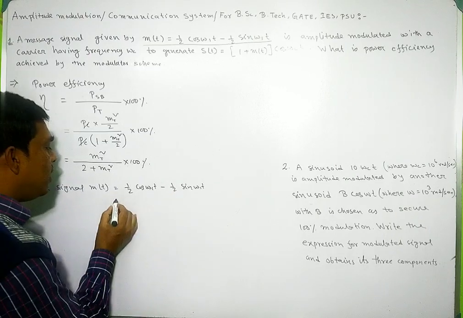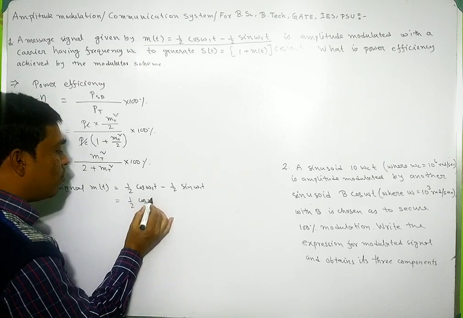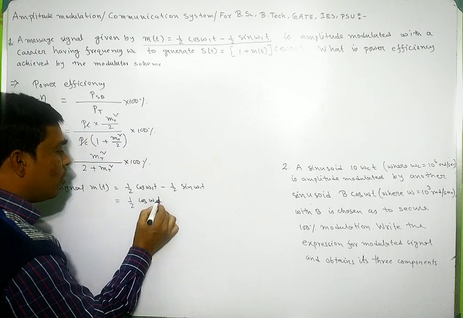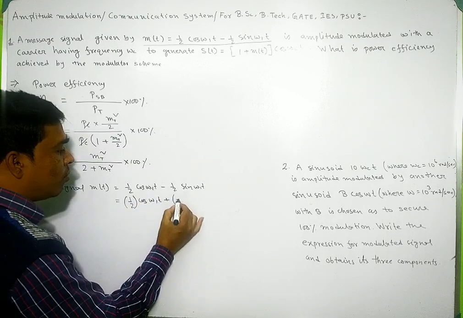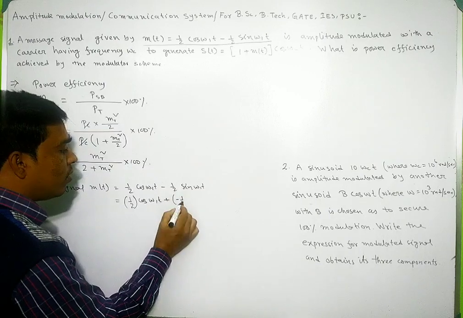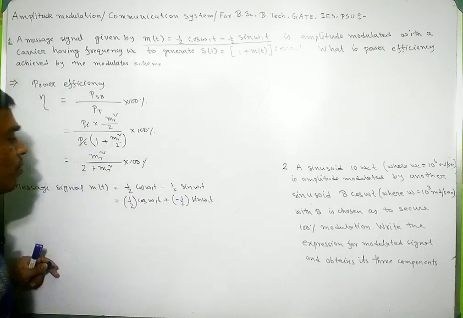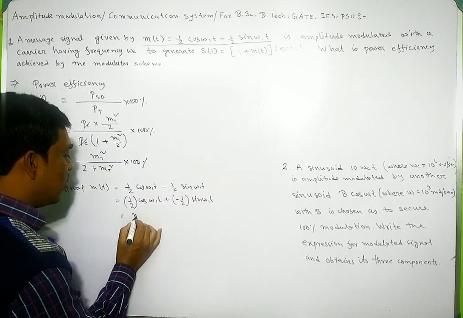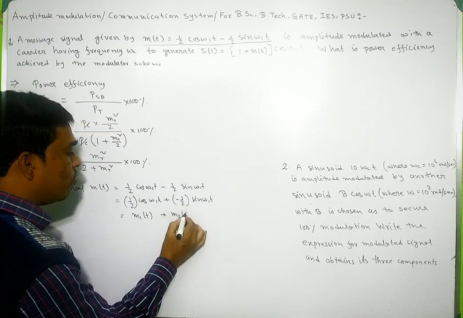So you can write this message signal as the summation of two parts: plus half cos omega 1 t, and minus half into sin omega 1 t. So this is m1 t plus this is m2 t.